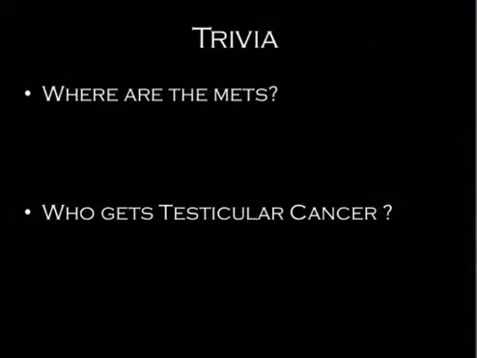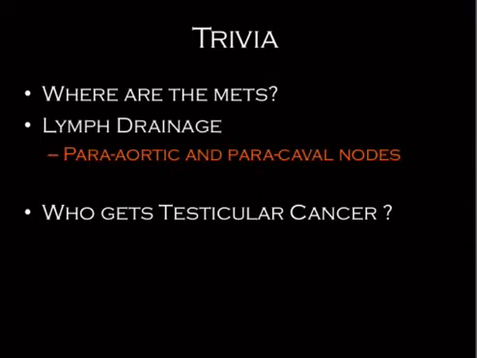So here are the trivia questions regarding testicular cancers. Where do the mets drain? Remember embryology, that the testicles descend, right? So the lymphatic drainage is para-aortic and pericaval. If you were asked where to look next for lymph nodes, that's where you would look. And who gets testicular cancer?